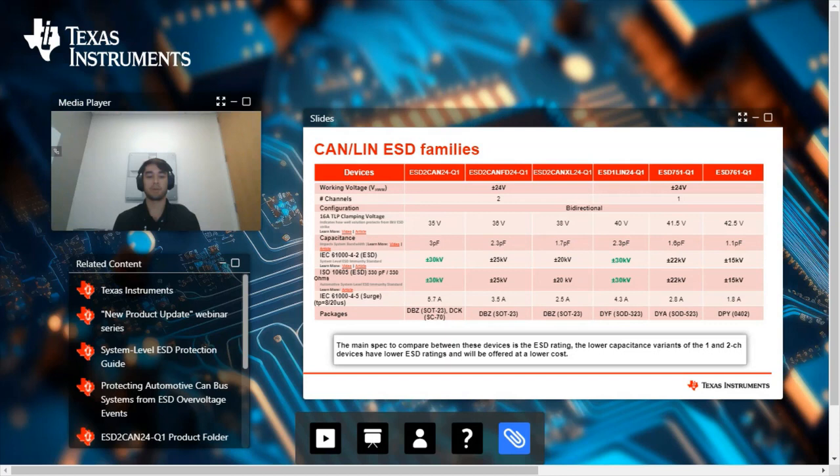And as discussed previously, the IEC 61000 rating is going to be dependent on the handling of the end equipment and the environment, and basically ESD can happen to any system with exposed connectors, including CAN and LIN bus interfaces.